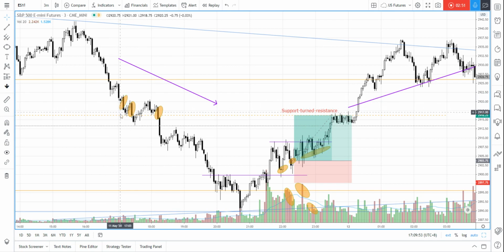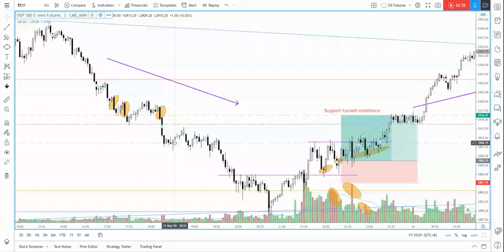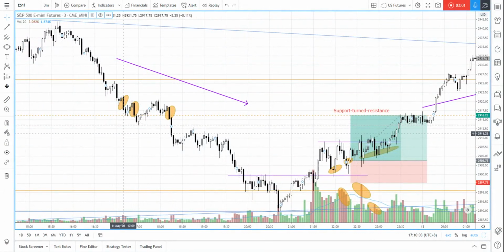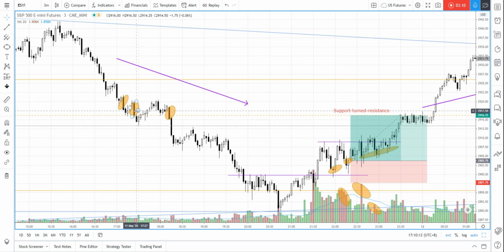I have marked up these few significant bars, and if we examine this closely, we didn't really see a proper reversal, which I wanted to come above this significant down bar in order to reverse the trend.